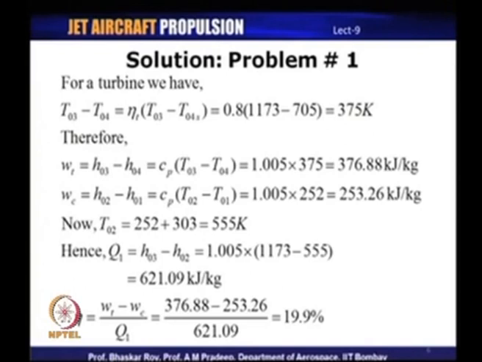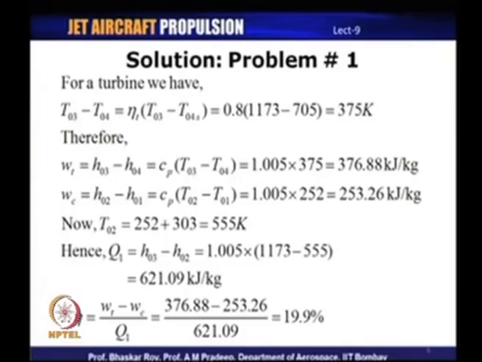So, we should now be able to find the work developed by the turbine and the work required by the compressor. So, Wt is equal to H03 minus H04, which is equal to Cp into (T03 minus T04). Again, Cp is not explicitly given in the problem.